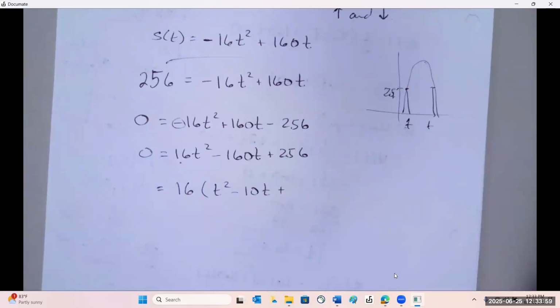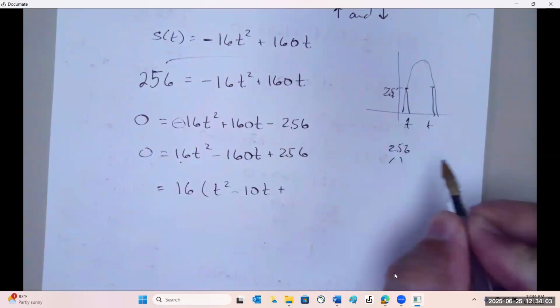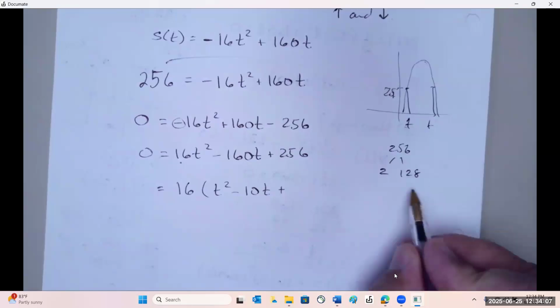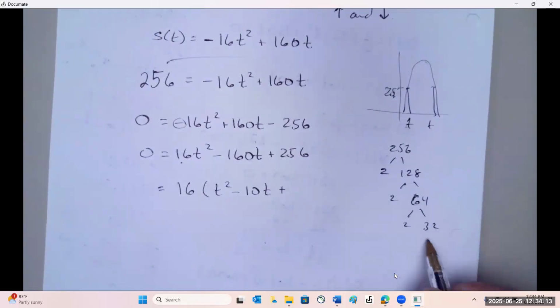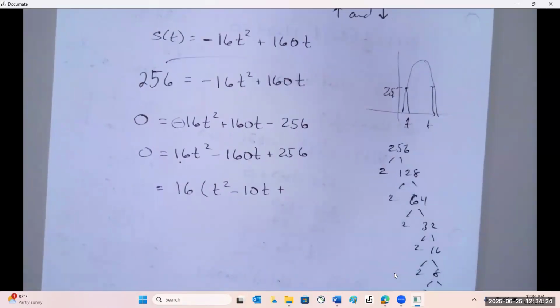Let's look at 256. 2 goes in there 128 times. 2 goes in there 64 times. 2 goes in there 32 times. 2 goes in there 16. 2, 8. 2, 4. 2, 2. 1, 2, 3, 4, 5, 6, 7, 8. So that's 2 to the 8th power.